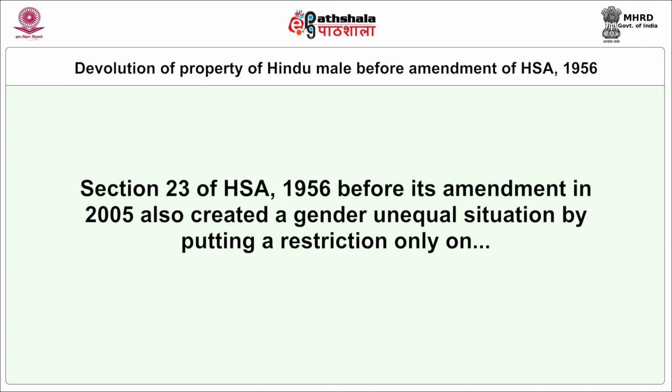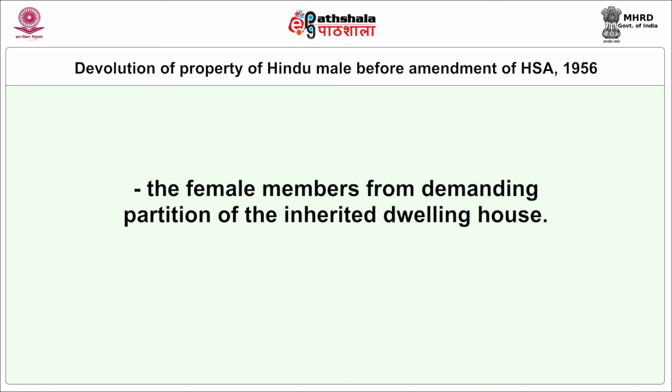Section 23 of HSA 1956, before its amendment in 2005, also created a gender unequal situation by putting a restriction only on the female members from demanding partition of the inherited dwelling house.